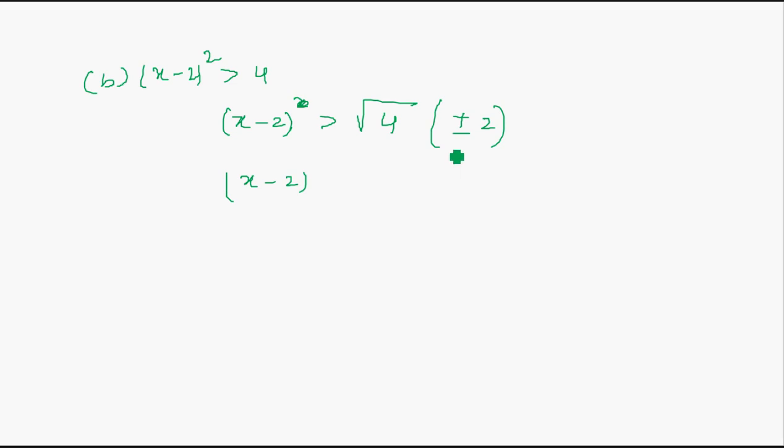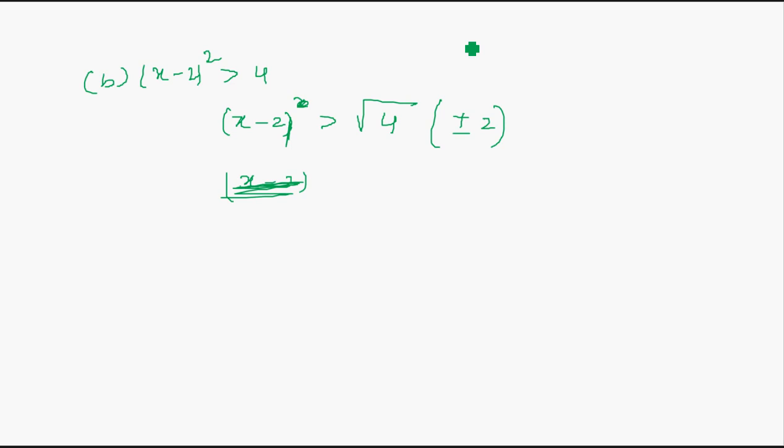Now, because this is getting complicated, we don't want plus or minus 2 to come on the right side. Plus or minus 2 should not come in an inequality. So what we will do is we will take the modulus here.